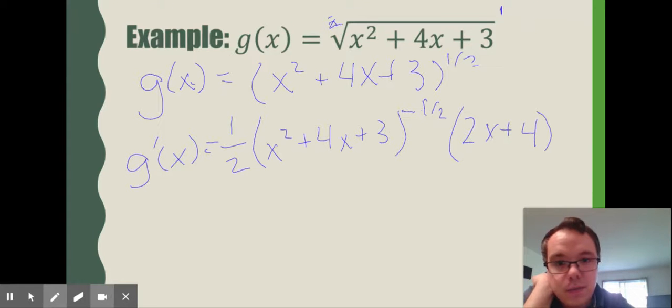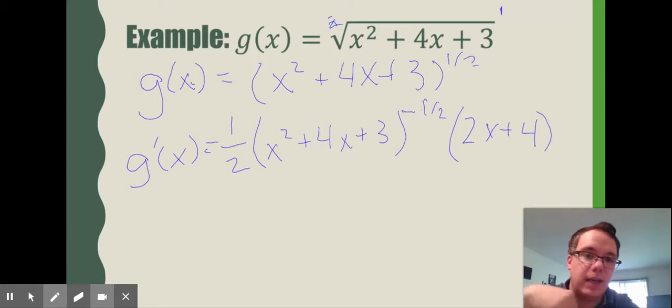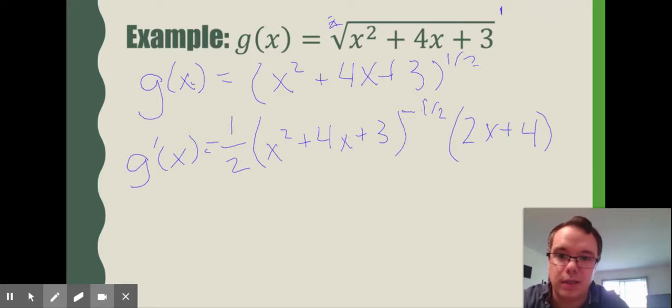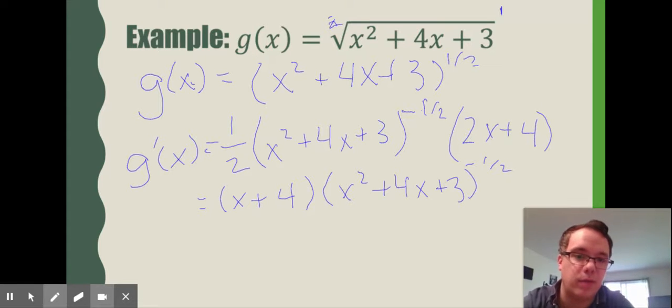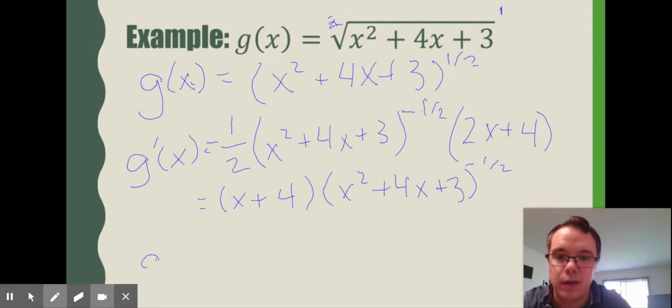All right. So I can go ahead and multiply my 1/2 times my equation. And so I'm going to get (x + 4) times (x squared plus 4x plus 3) to the negative 1/2. And remember, we don't like having negative powers, so I'm going to move that power down to the bottom of my fraction.